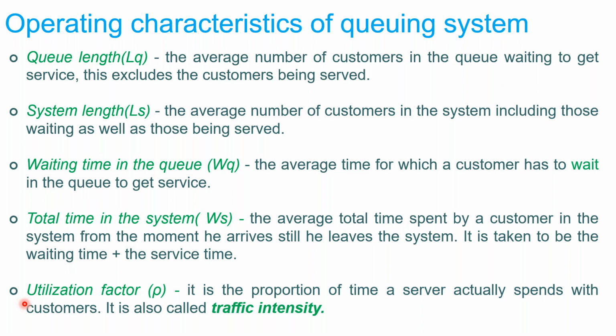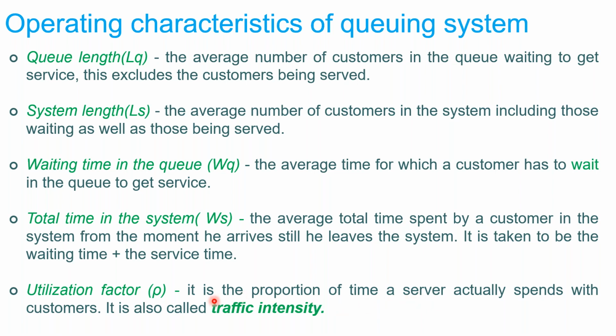Now, the utilization factor, which is represented by rho, is the proportion of time a server actually spends with customers. It is also called traffic intensity. The server is the person who is providing the services to the customer.